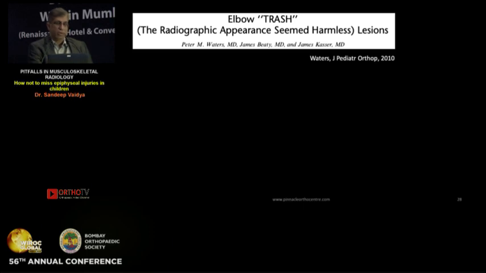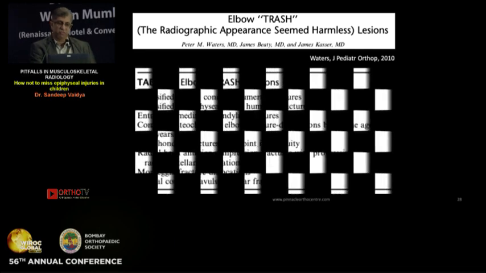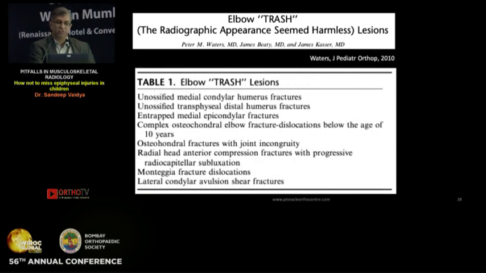So the elbow is an especially notorious area for misdiagnosis of fractures, and an entire list of injuries around the elbow are grouped under a terminology called the elbow TRASH lesions, TRASH being the acronym for the radiographic appearance seemed harmless.